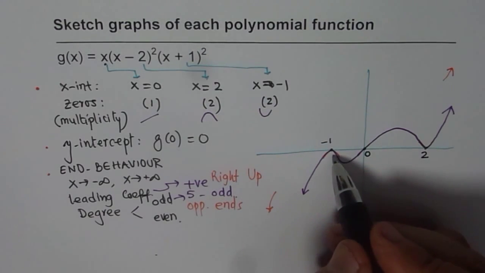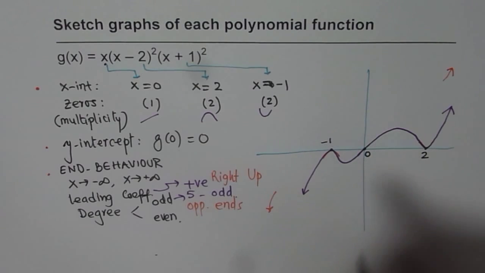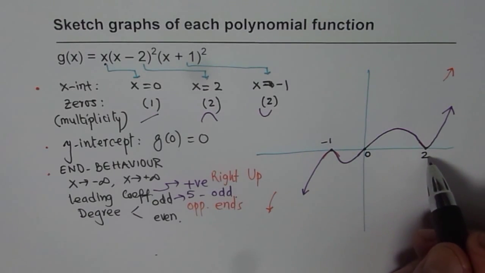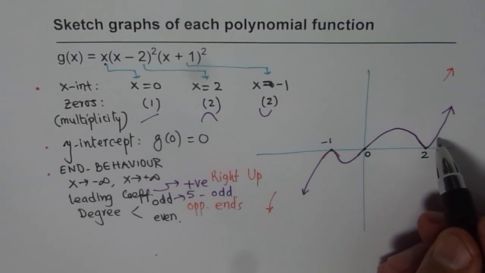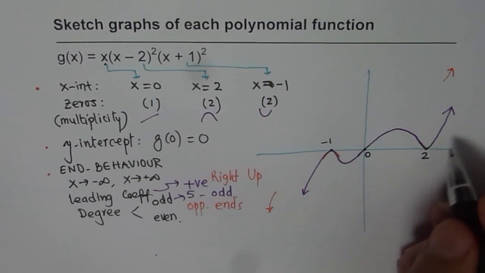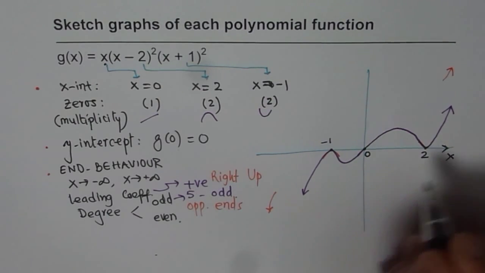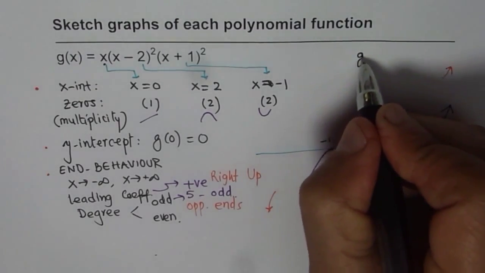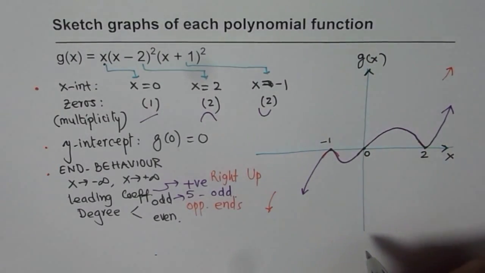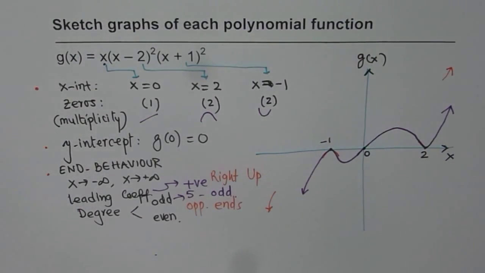The multiplicity at -1 is 2, so it bounces back. At 0 it is 1, linear, so it goes across. At 2 it again returns like a parabola. That is how you should be graphing. Label the x-axis, and that's the function g of x. The y-intercept in this case is 0, so it goes through the origin.